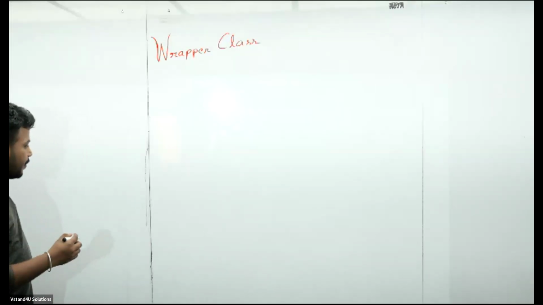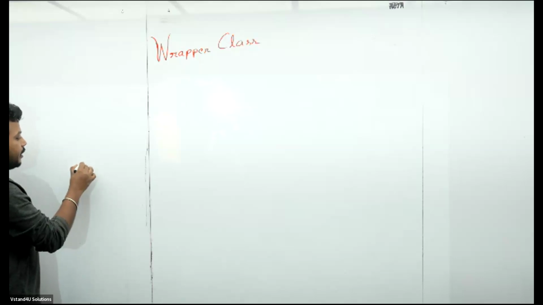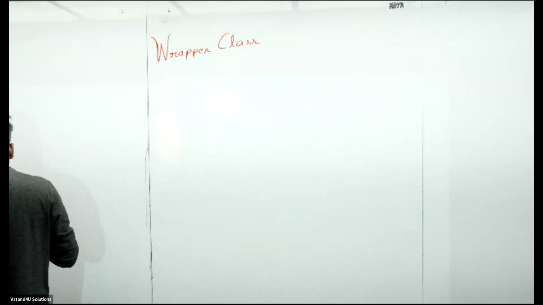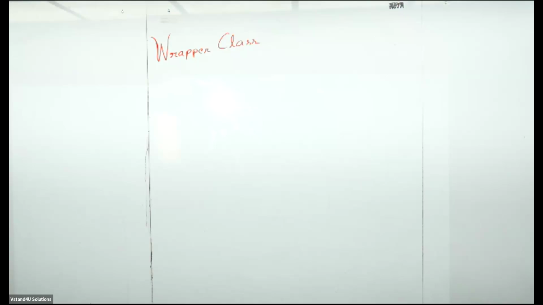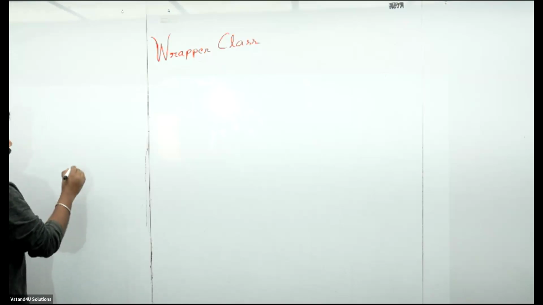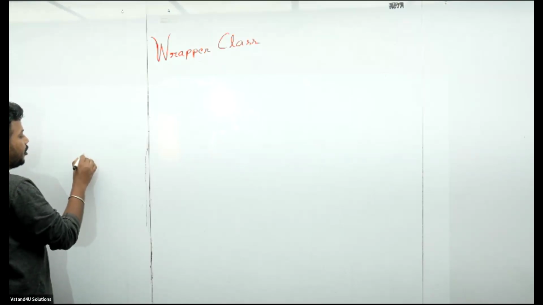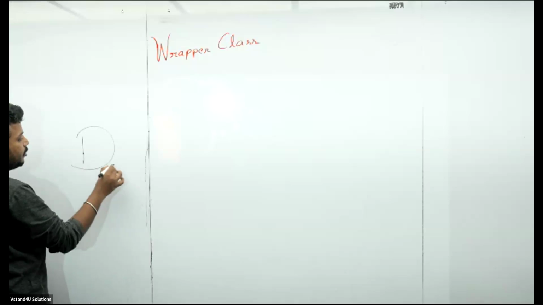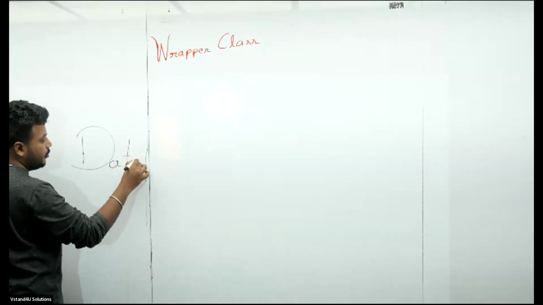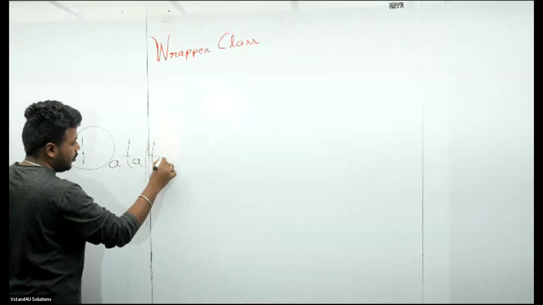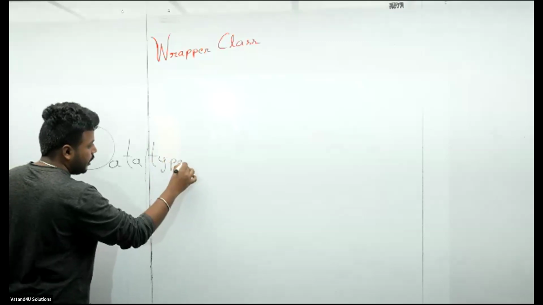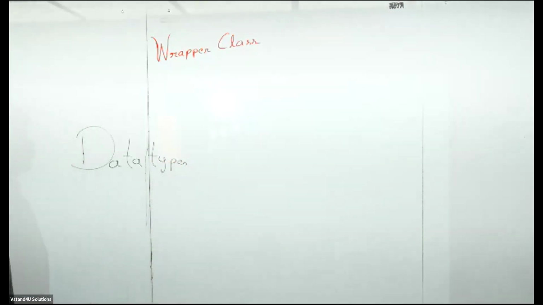Before going to the wrapper class, how many types are there in Java? In Java, we have a topic called data types. How many types are there?